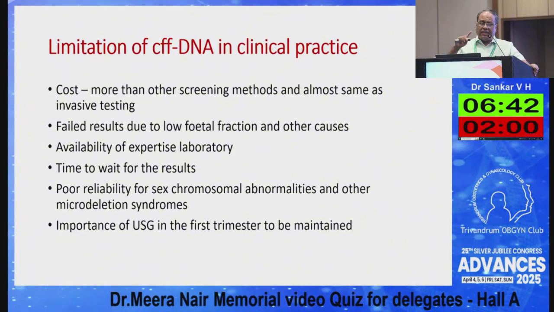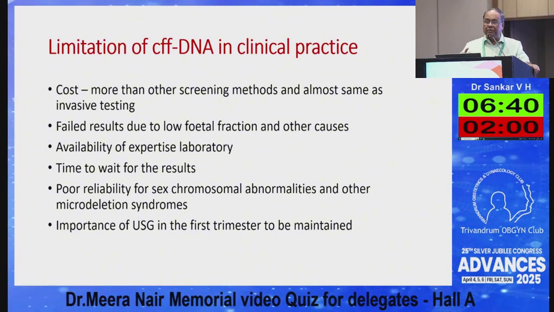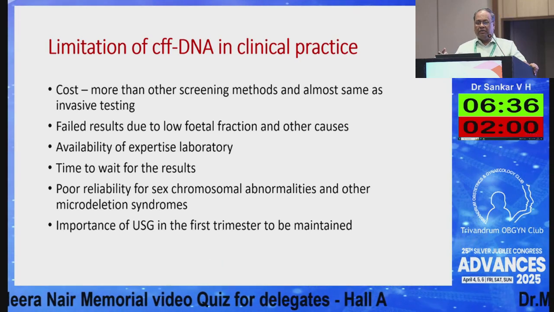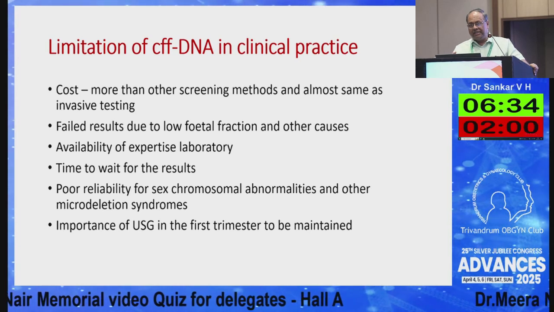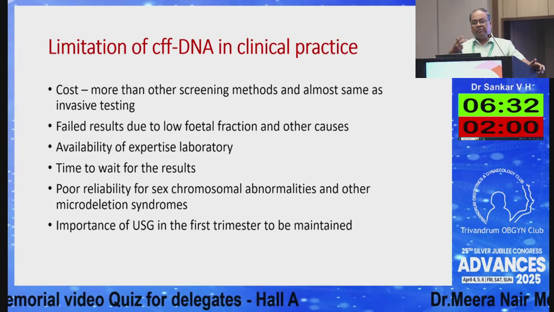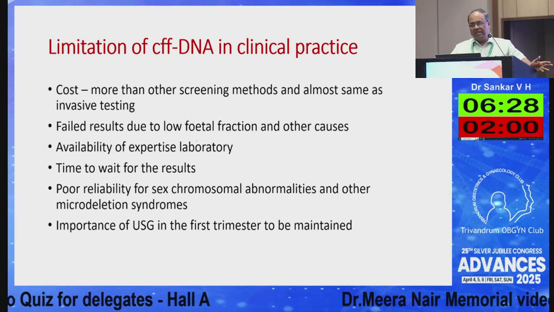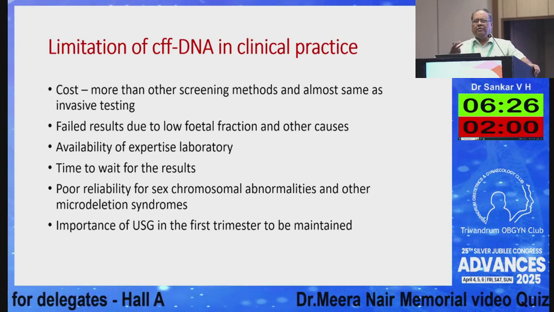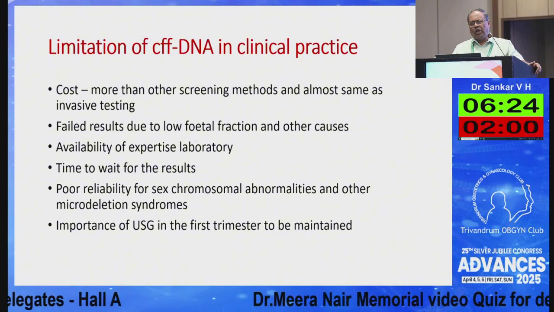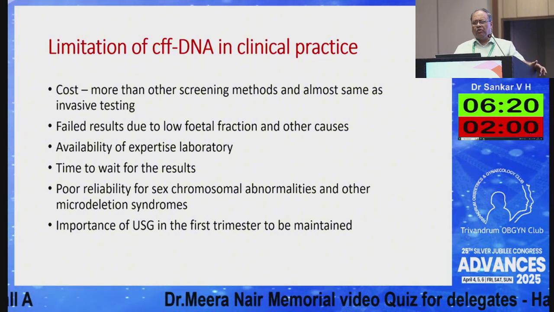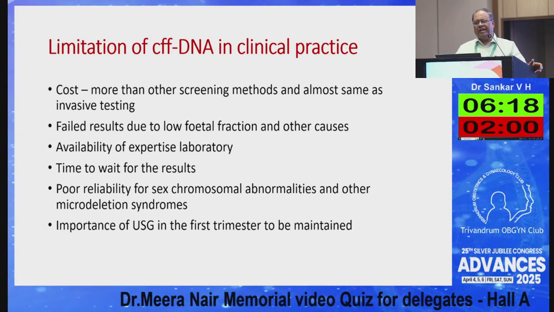But that is why some recommendations say that in a precious pregnancy, NIPS is definitely a better option. For example, bad obstetric history, or advanced age, first pregnancy at 37 years, where they don't want to take an abortion risk of even 0.5%. Because even for amniocentesis, we will give a risk figure of 0.5% in counseling. We know that the standard figure now is around 1 in 1,500 or 1,600.